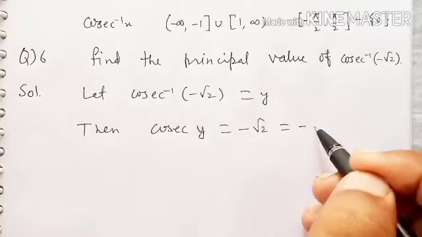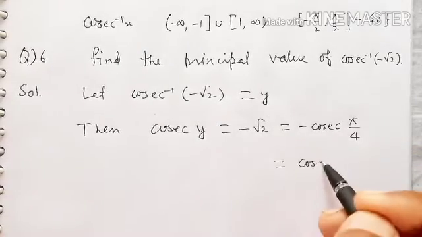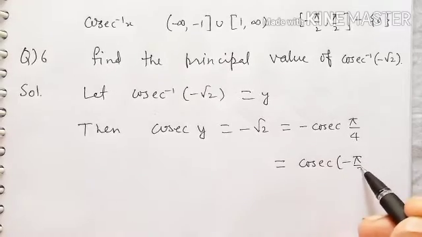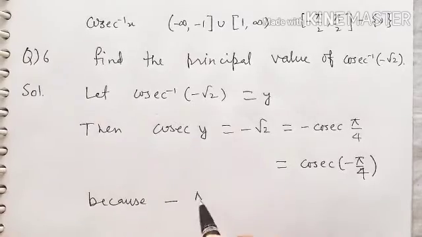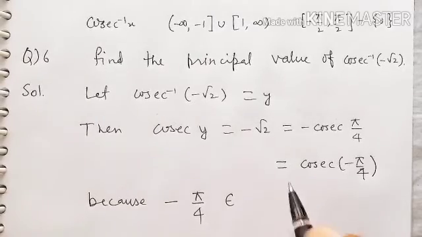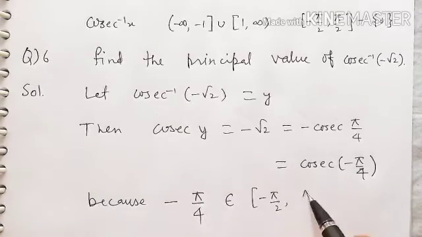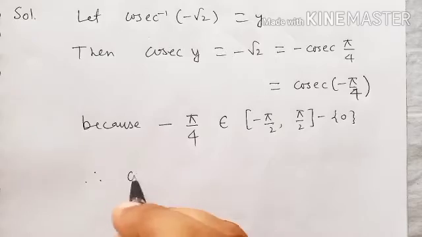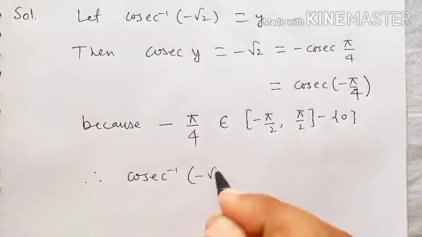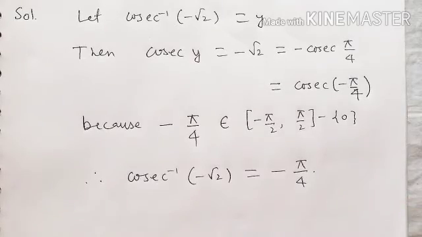This is minus cosec pi by 4, which can be written as cosec of minus pi by 4, because minus pi by 4 belongs to the interval minus pi by 2 to pi by 2. Therefore, cosec inverse minus root 2 is equal to minus pi by 4.